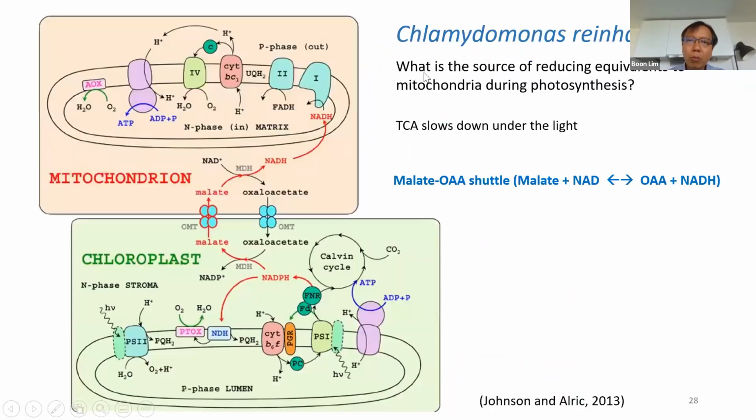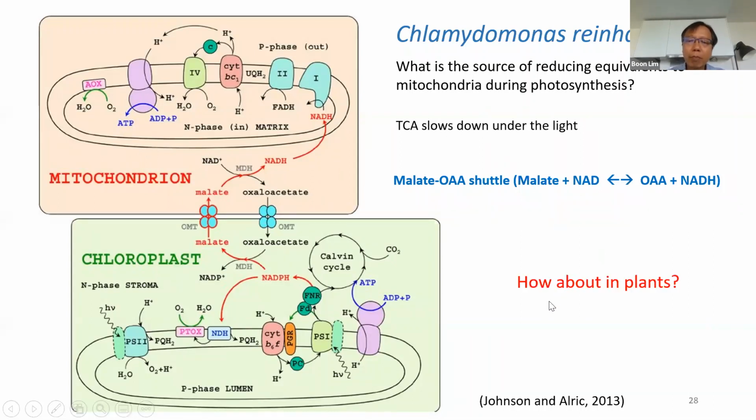So in Chlamydomonas, it has been shown that the surplus NADPH generated by linear electron flow in the chloroplast can be converted into malate and NADP to regenerate the electron acceptor, and the reducing equivalents carried by the malate can be exported to the cytosol, which can then be imported into the mitochondrion, and this can be used to generate NADH for the mitochondrial electron transport chain to generate ATP. So this happened in algae.